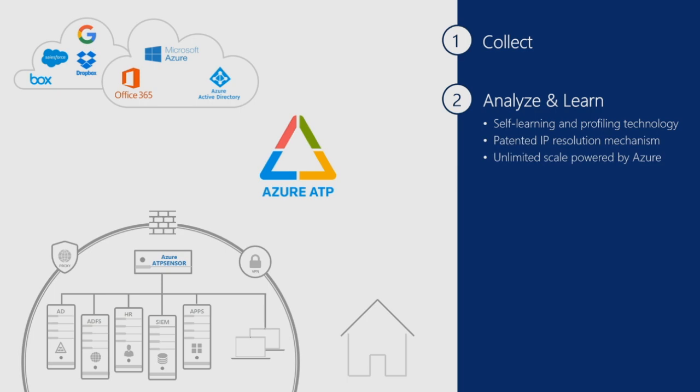So now that we want to add additional detection models, additional behavior models, we're no longer limited by the compute power we have on premises. We have the compute power of Azure behind that service, so it's very easy for us to constantly extend with new detections without worrying about the scalability of the service, because that's a problem solved by Azure.